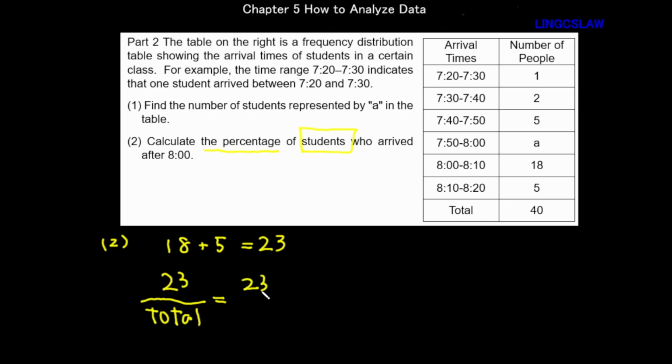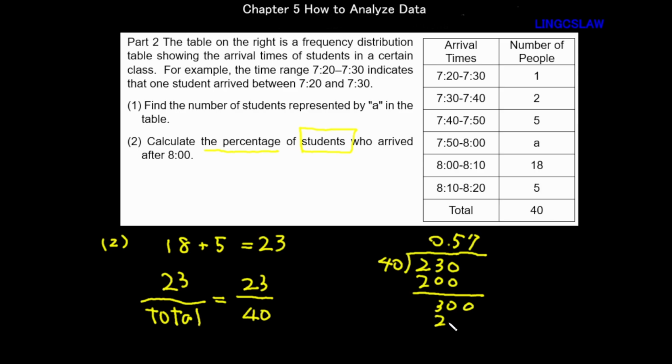So you will calculate 23 divided by 40. Now let's calculate this one. 0.575.